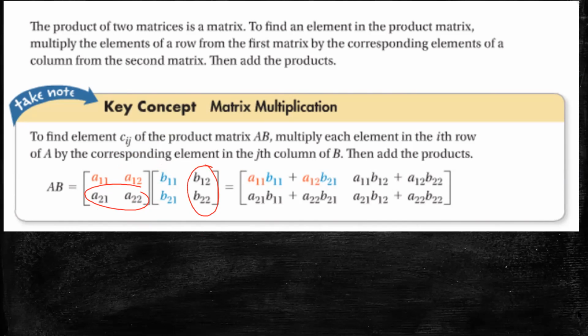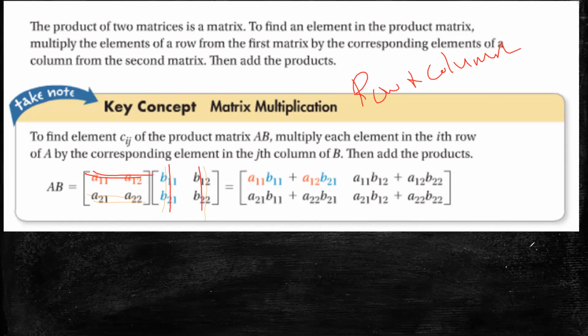That's it. So don't forget, row by column, not column by row. Row by column, row by the second column, then the second row by the first column, and the second row by the second column.